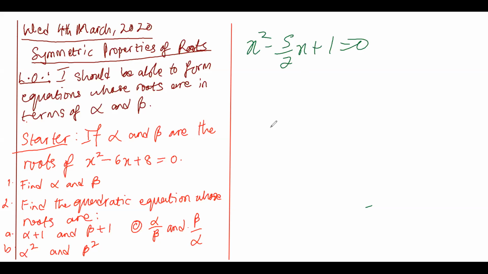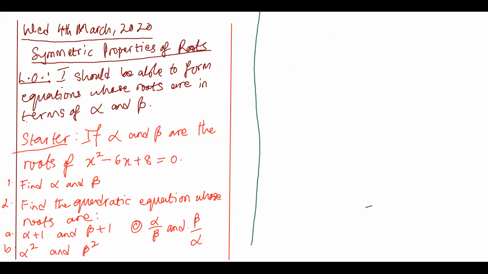So for this starter, I've seen so many things that you have done. So basically, this is my expectation. I'll just maybe take one of them. So are we ready?